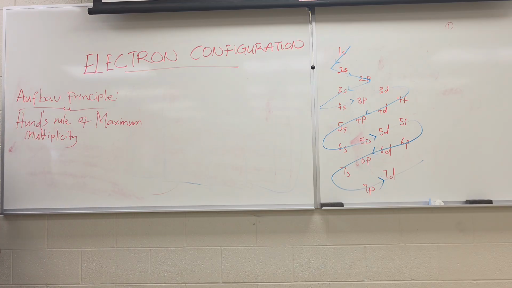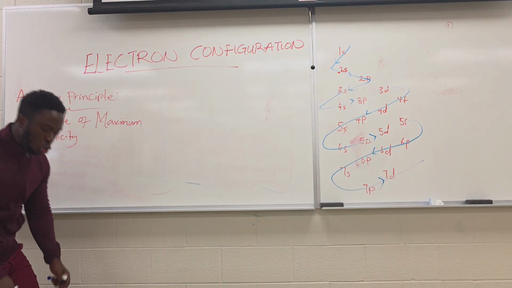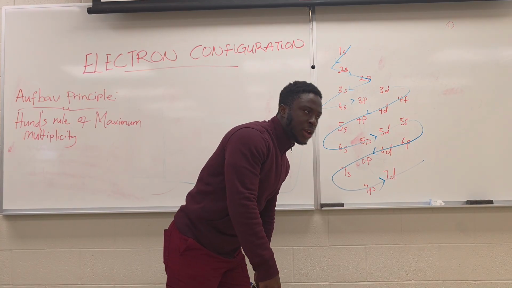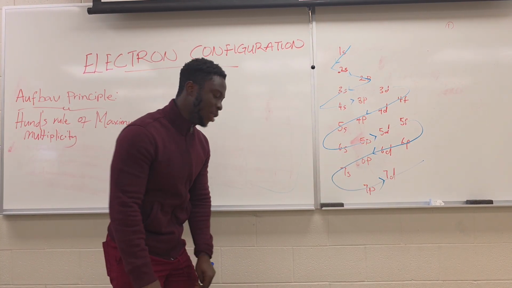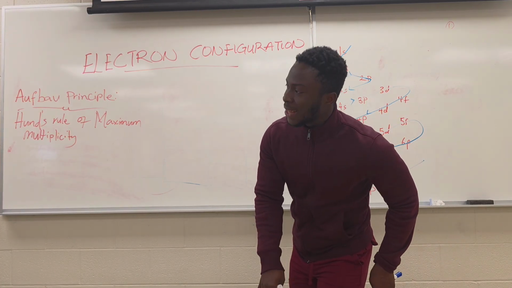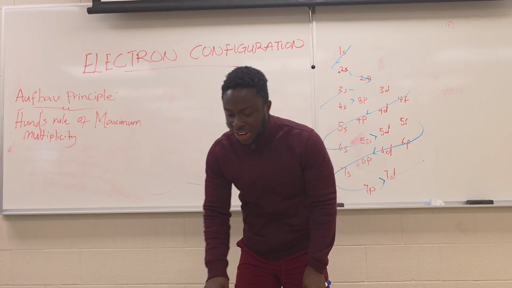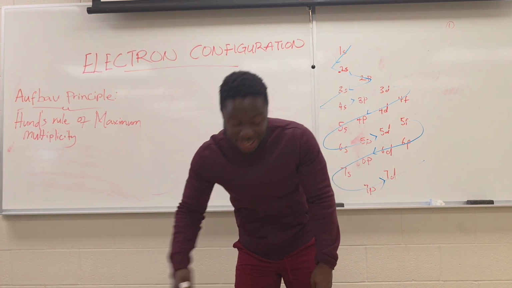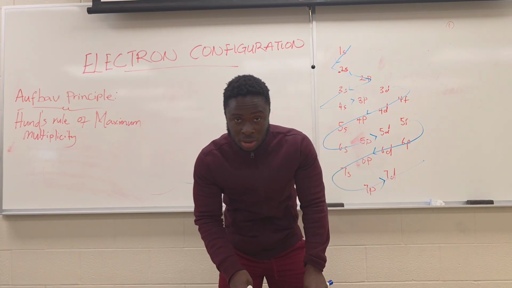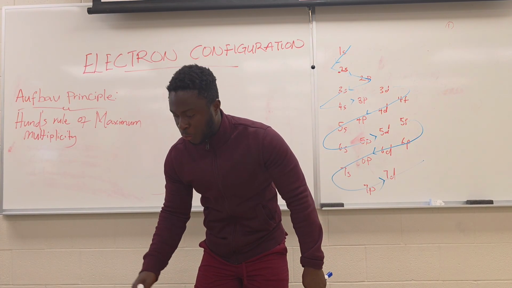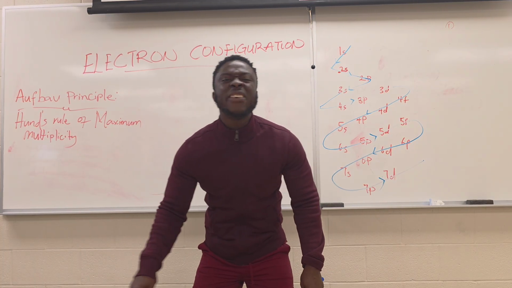So Hund's rule of maximum multiplicity states that electrons would prefer to fill empty orbitals first before pairing up. They would prefer to fill empty orbitals first. So with a subshell that has degenerate orbitals, electrons would fill empty orbitals first before pairing up.